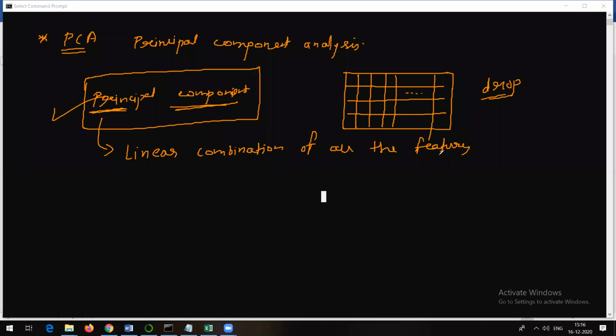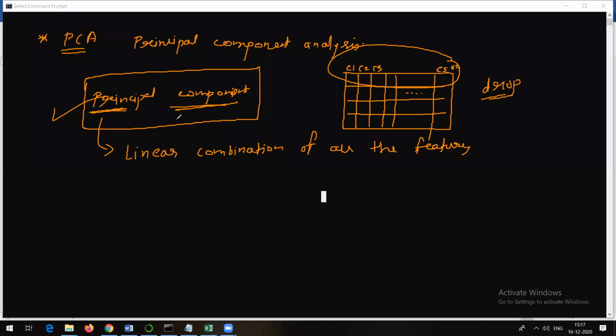Now, what do you mean by this? For example, we have a data set, column 1, column 2, column 3, column 4, and so on, up to column 500. Now, if you try to make use of 500 columns to train the model, it is going to take a lot of time, right? Instead of that, is it possible to train your model on the same data but with less time?